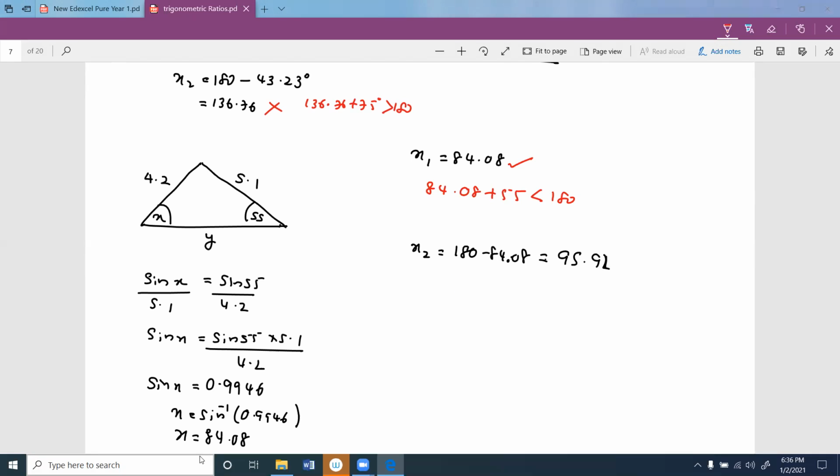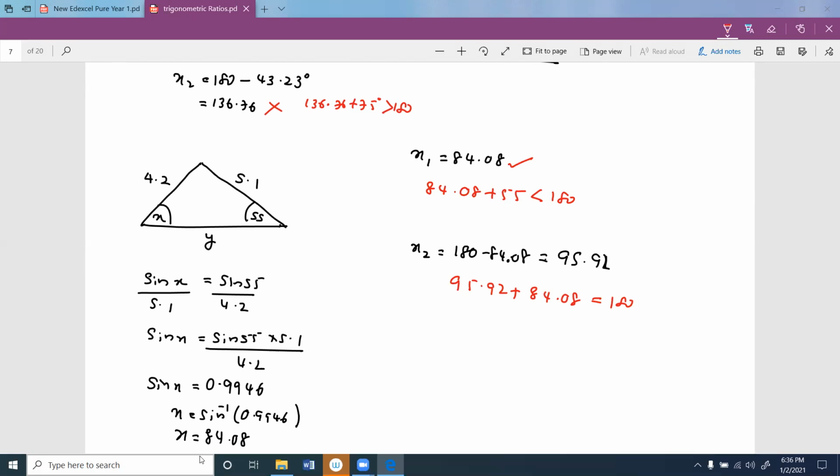Over here, 95.92 plus 84.08 is exactly 180. Is this possible?